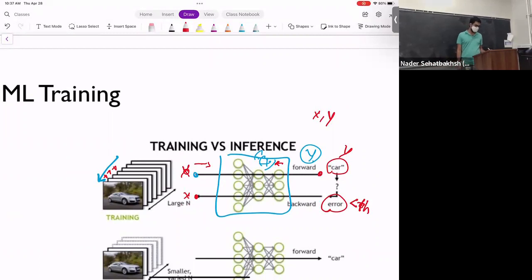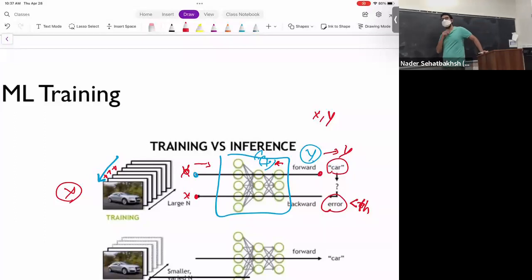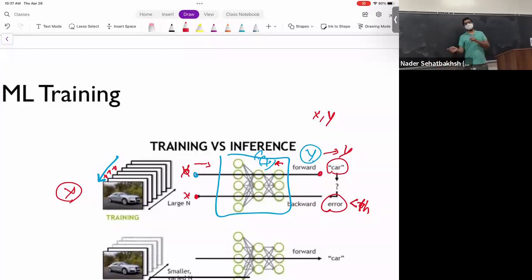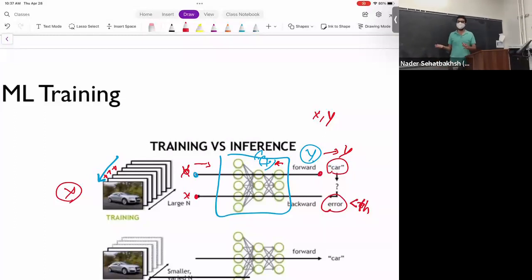We send this x, but we already know what the y should be. We get this y and compare it with the known y, and this way we calculate the loss. We don't exactly subtract them. There are some loss functions that we can use, but generally the idea is how far this prediction is from the actual answer.